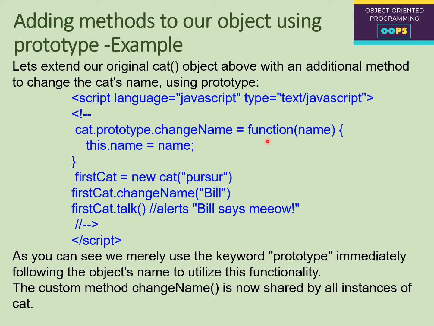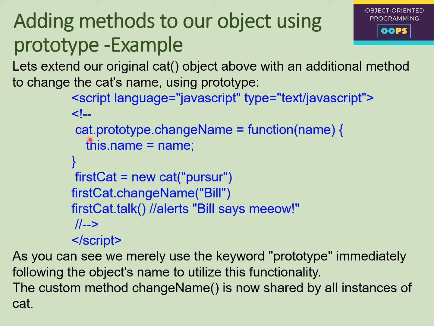Cat.prototype.changeName is equal to function(name) { this.name = name }. So here we are trying to add one more function, and that function's name is changeName.